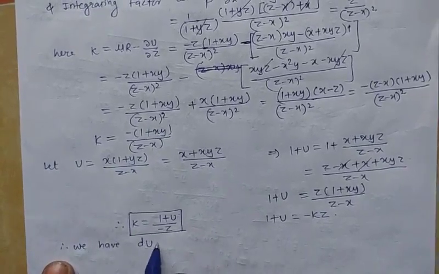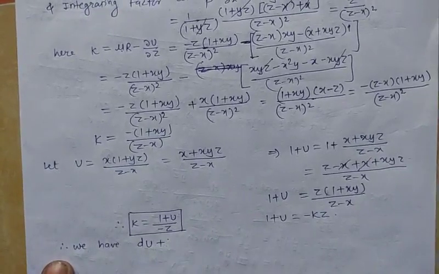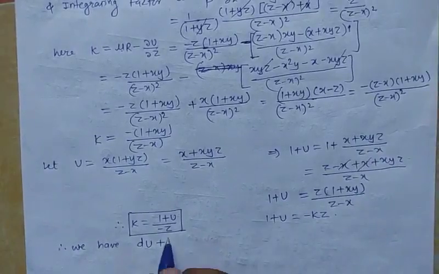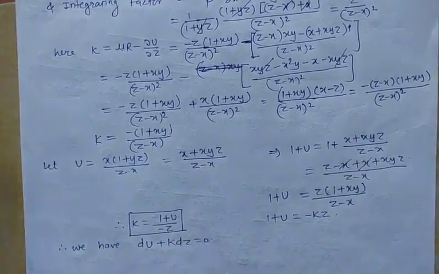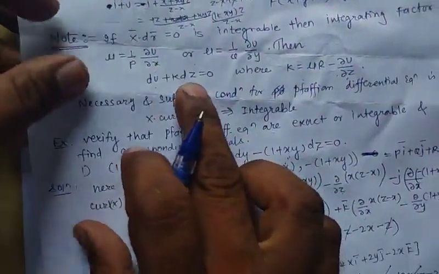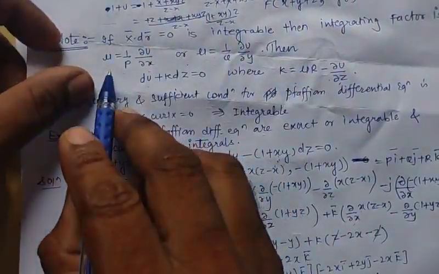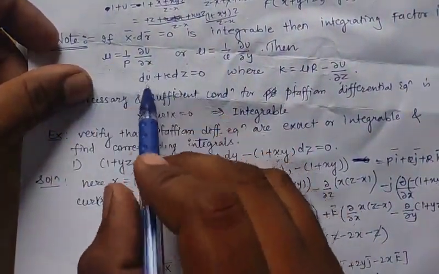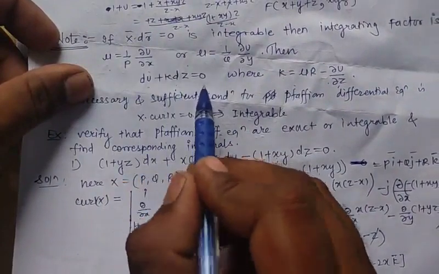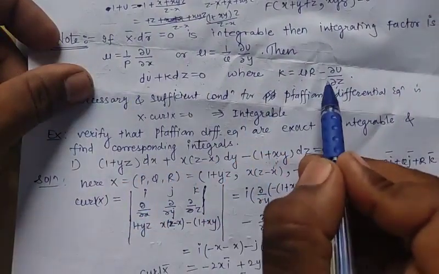We have the equation du plus k dz is equal to 0, right? What is the equation? If mu is the integrating factor, then du plus k dz is equal to 0, where k is equal to mu times (dA by du minus dA by dz).